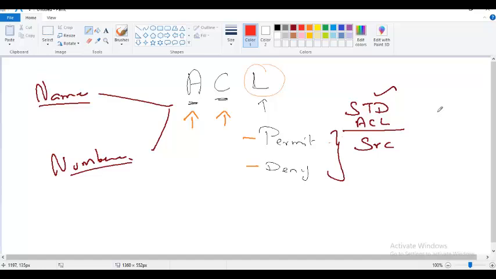There is an extended access list, which is going to now check protocol, source, destination, and optionally service.